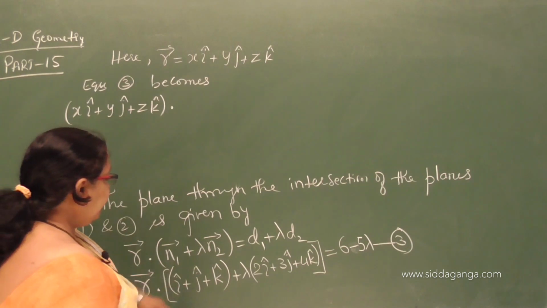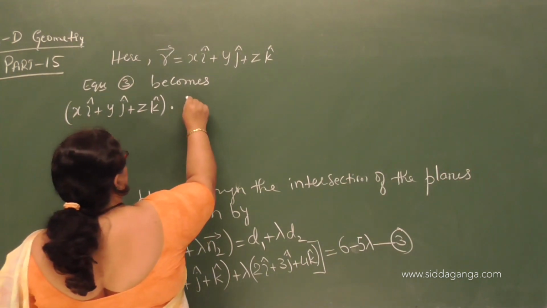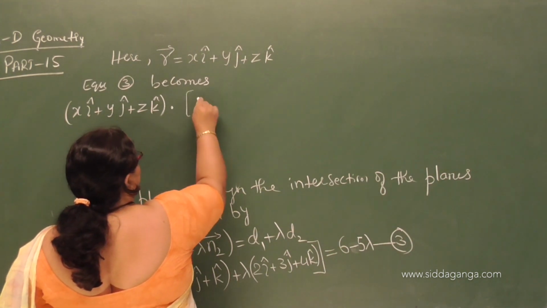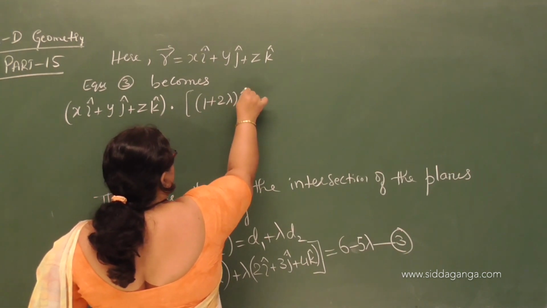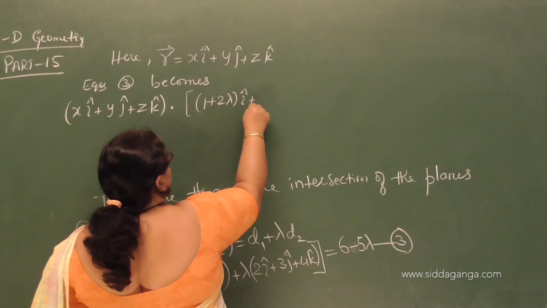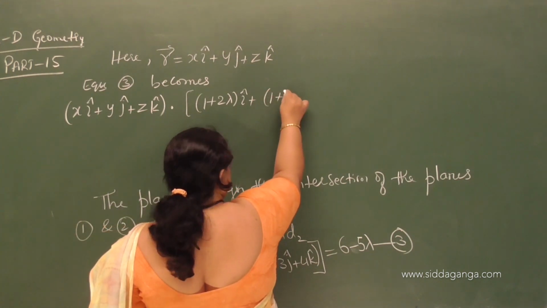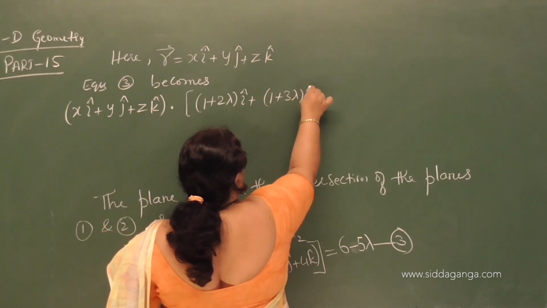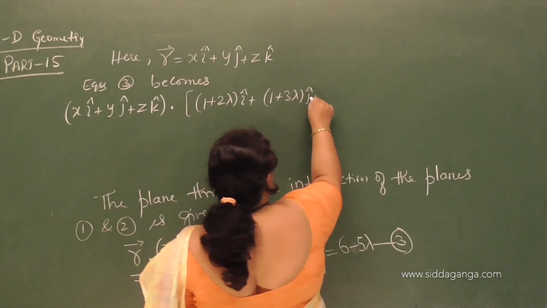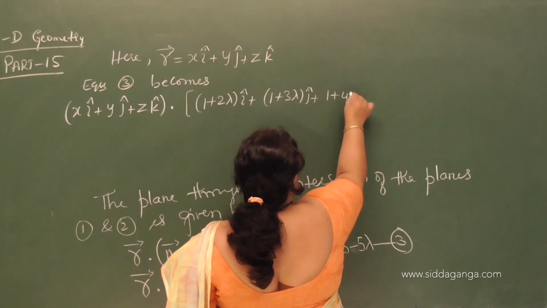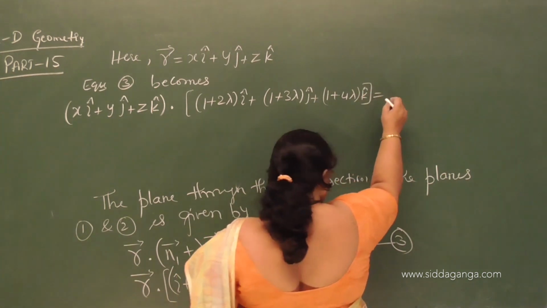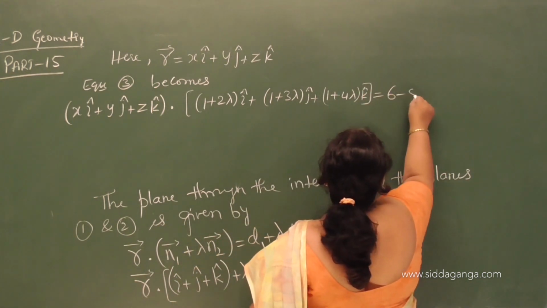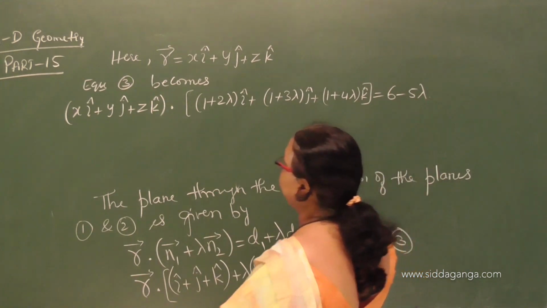Let us take i common and write: that is the dot, 1 plus 2 lambda into i cap, plus 1 plus 3 lambda into j cap, plus 1 plus 4 lambda into k cap, is equal to 6 minus 5 lambda.